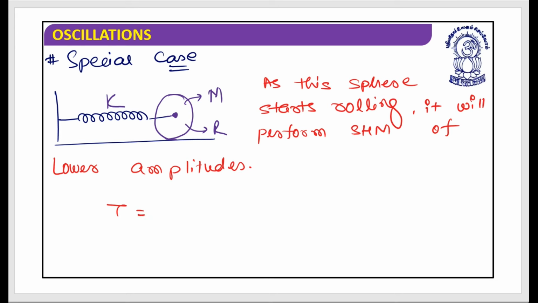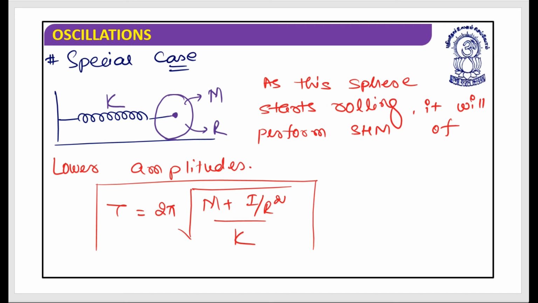Then the time period of this situation could be given as 2 pi root of m plus I by r squared, divided by k. This is the time period of the sphere or any object that can roll, but only spherical objects like spheres, rings or cylinders can roll.